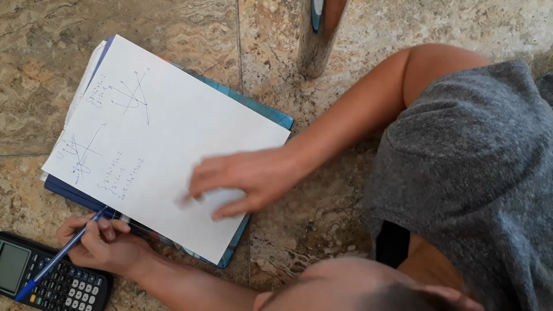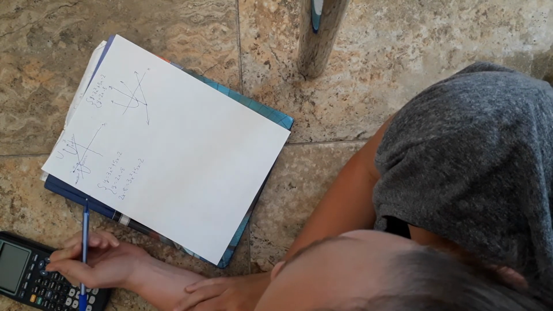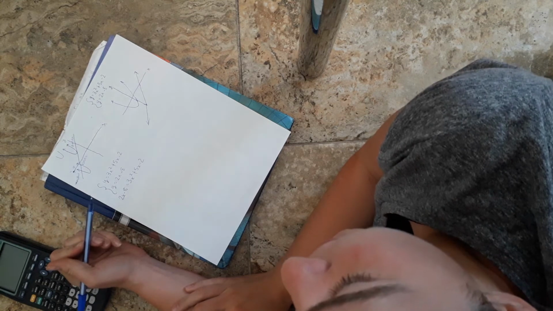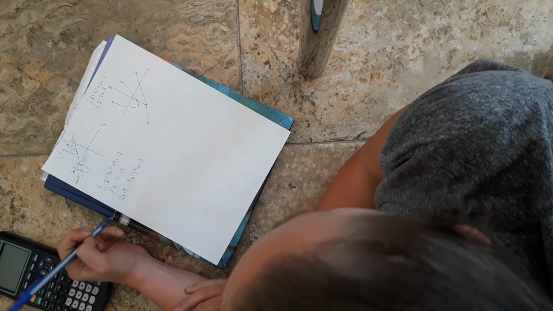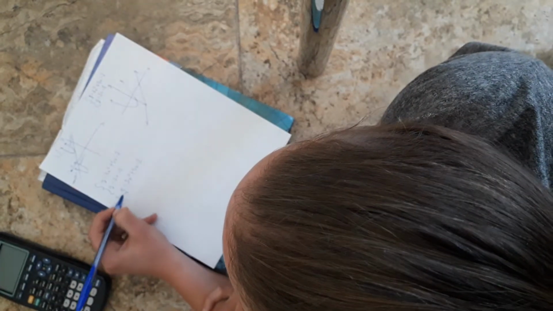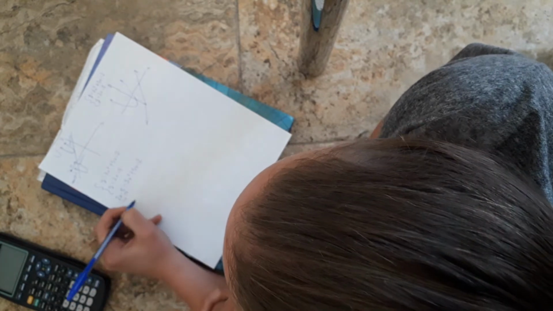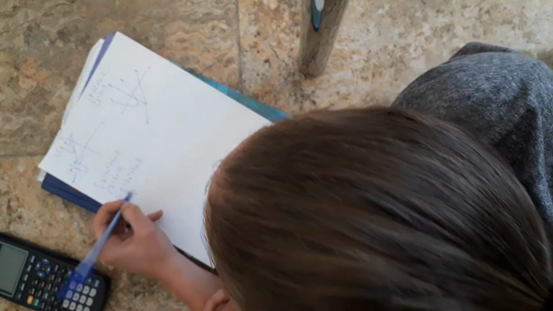And now, since I have a quadratic, I'm probably going to think of the quadratic formula. But let's just move everything to the other side. So plus 8 and minus 2 on both sides. That gives us 0 equals 3x squared plus 3x plus 6.